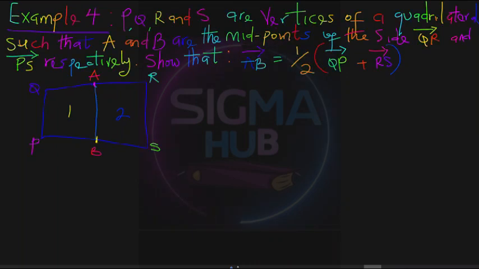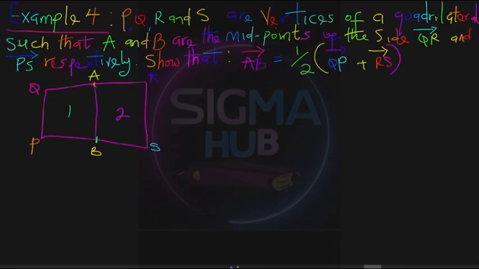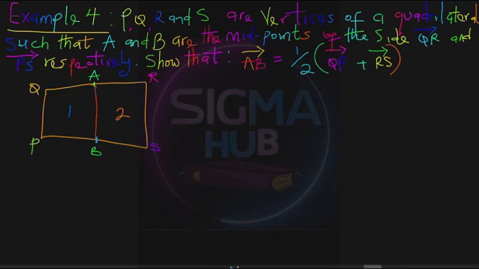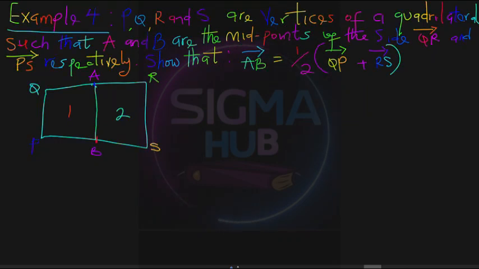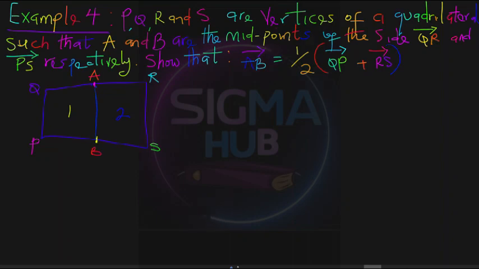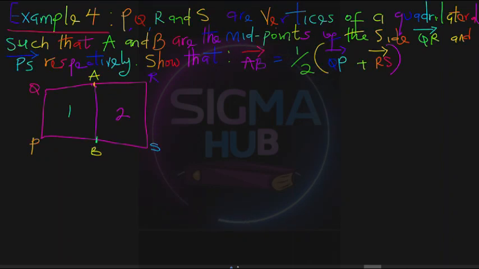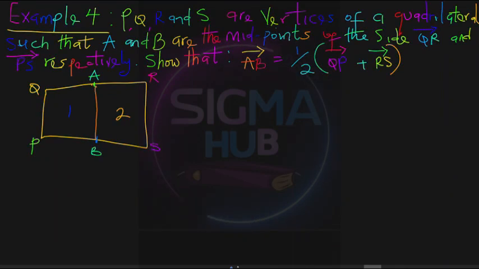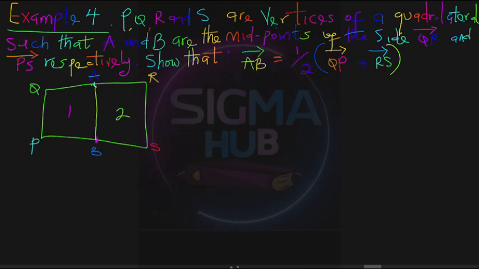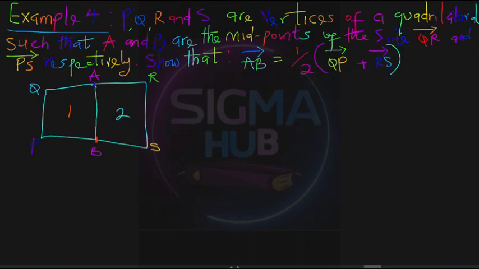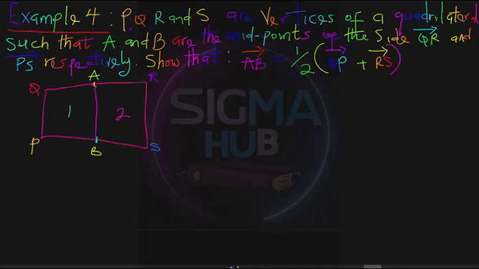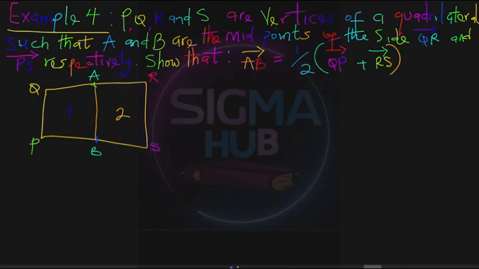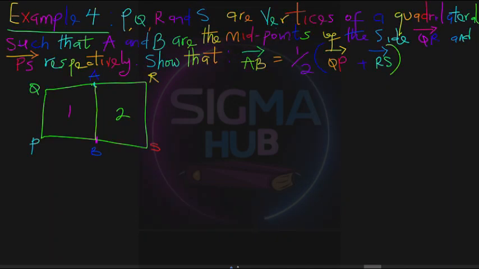Now from here, if you want to show that AB, because that's the question, is equal to half into bracket QP plus RS, we need to get two values for AB. The first value you can get for AB is using the first quadrilateral, which is quadrilateral 1. Then you can also get another value for AB using quadrilateral 2.